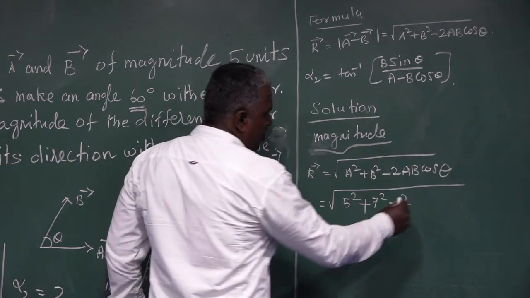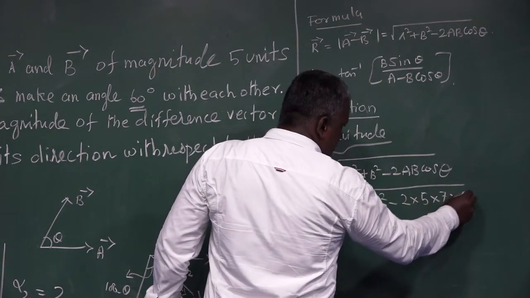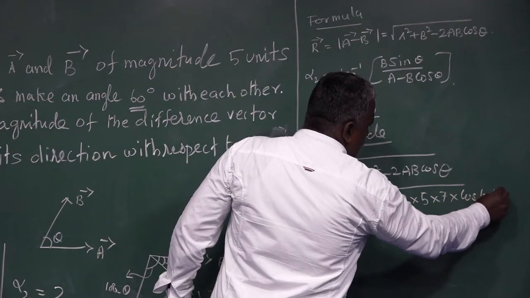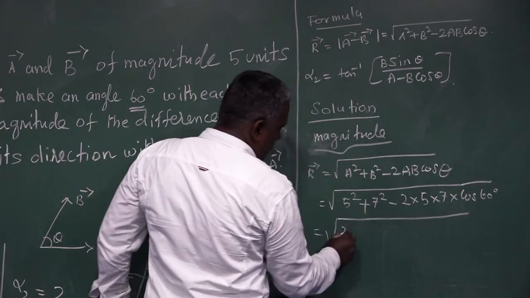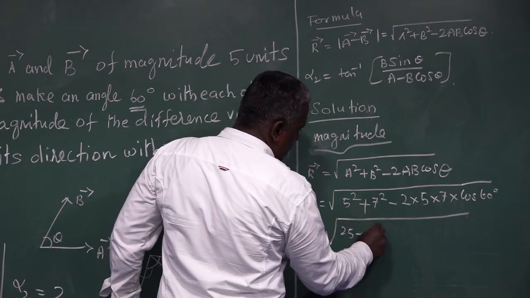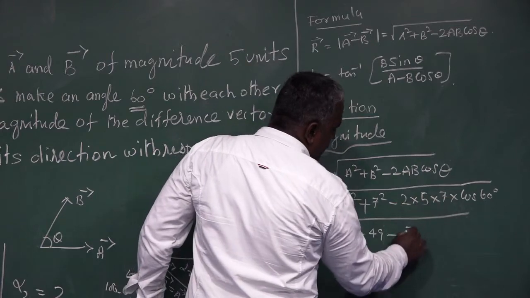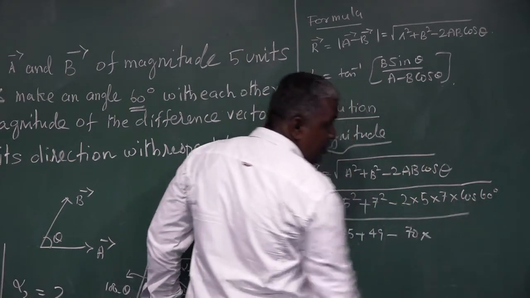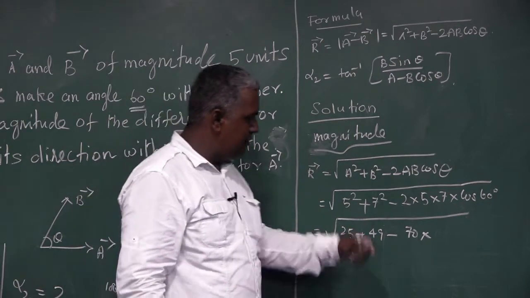So 2 into 5 into 7 into cos 60 degree. 5 square is 25, 7 square is 49, 10 into 7 is 70, cos 60. Already you have studied this in mathematics.